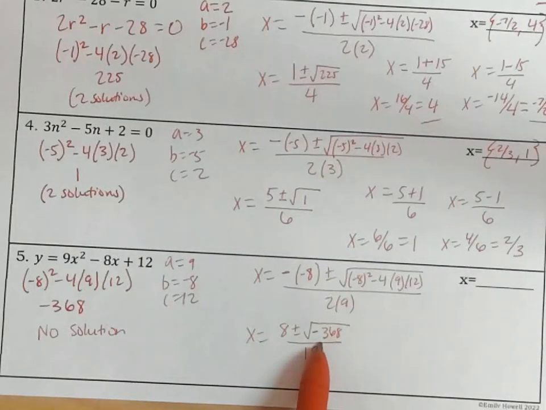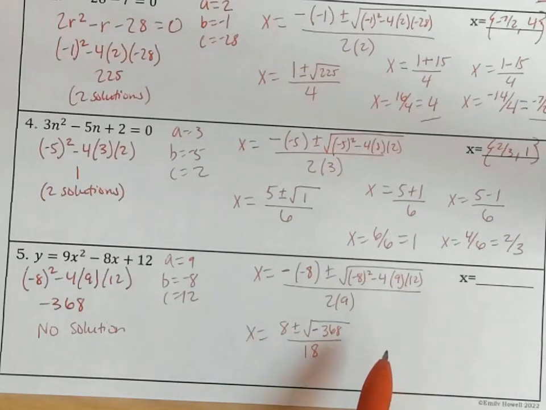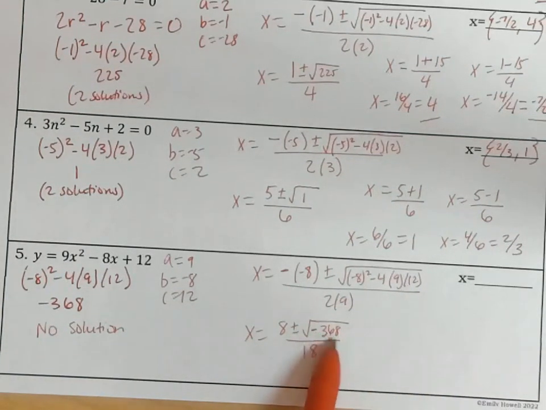And in Algebra 1, if you try to put that in your calculator, you're going to get an error message. And if you start to think about it logically, there's no way to multiply two positive numbers together or two negative numbers together and get a negative 368. And in order for it to be a square, you would need two numbers that are exactly the same.